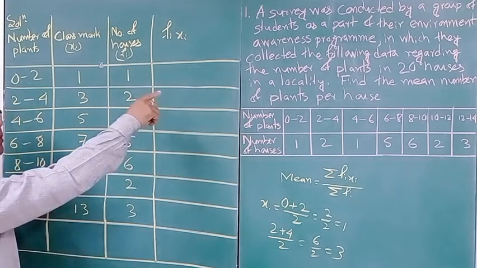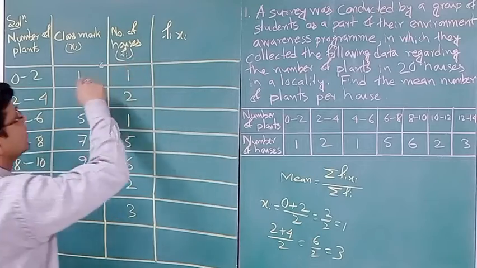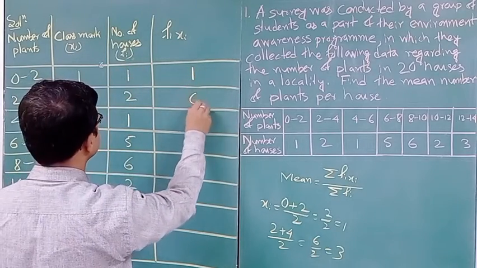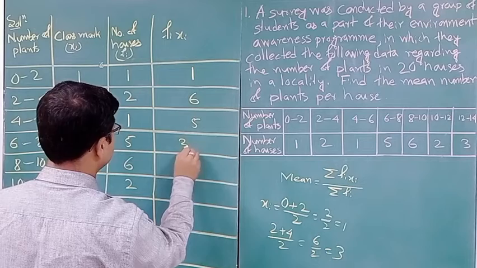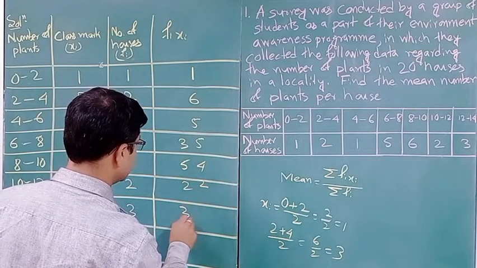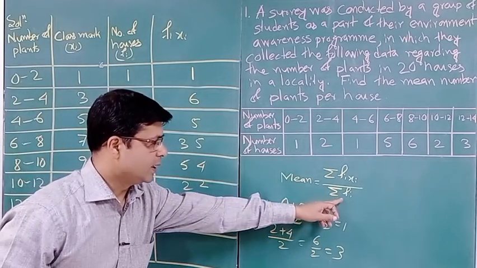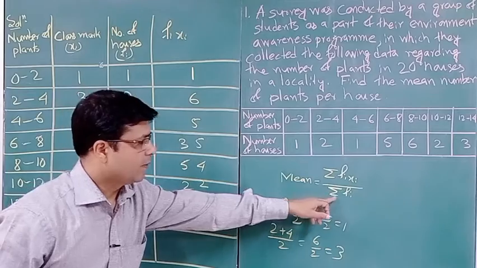Now let us multiply, because the next column is the product of fi and xi. Let us multiply: 1 into 1 is 1, 2 into 3 is 6, 1 into 5 is 5, then 35, 54, 22, 39. Now next we have to find their sums. Summation of fi is the number of houses, which is 20 as mentioned in the question.